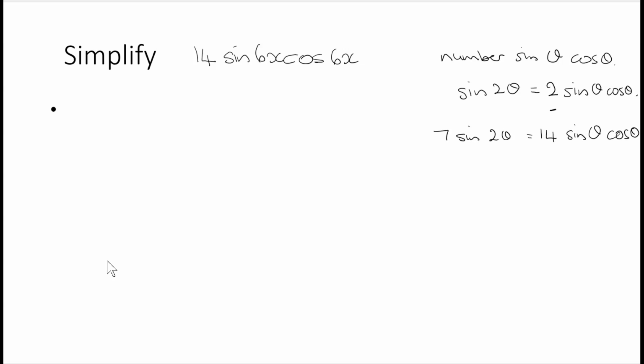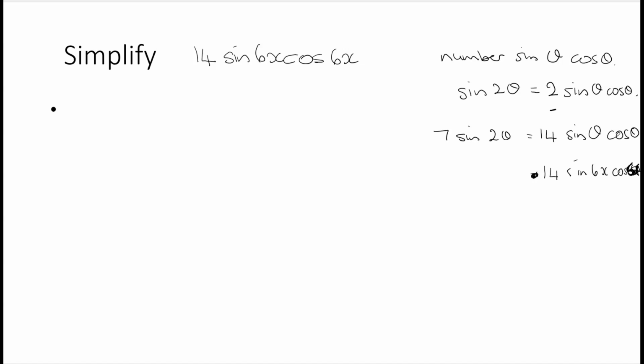Okay, now this time I'm deliberately mixing up my thetas and my x's because we're not quite right. We have 14 sine 6x and cos 6x. Right, what do we need on the left hand side then?